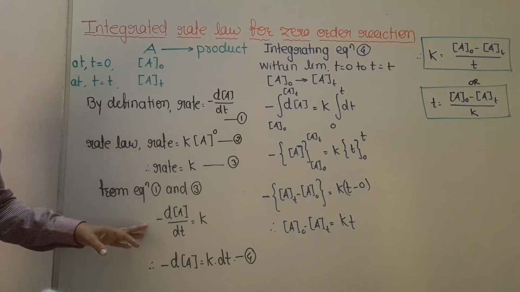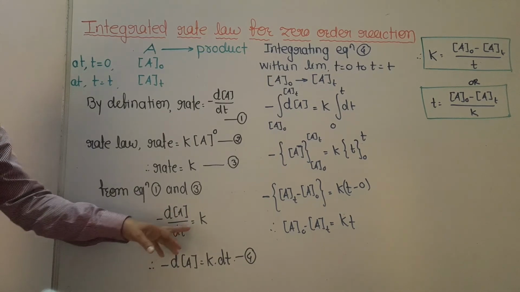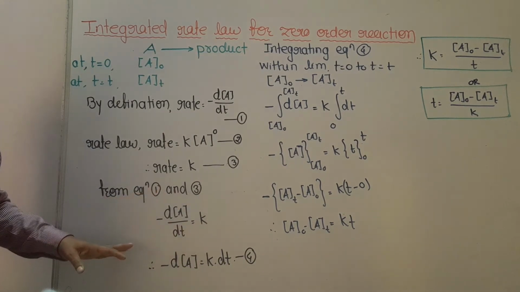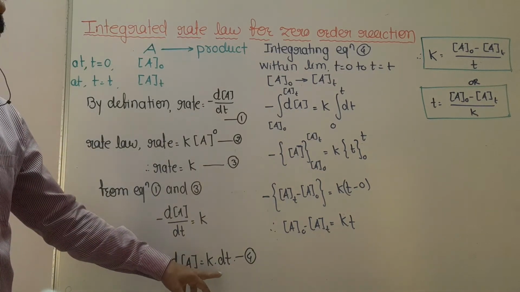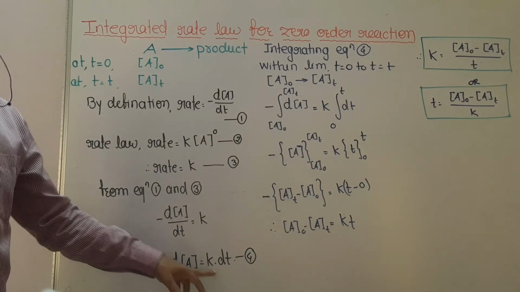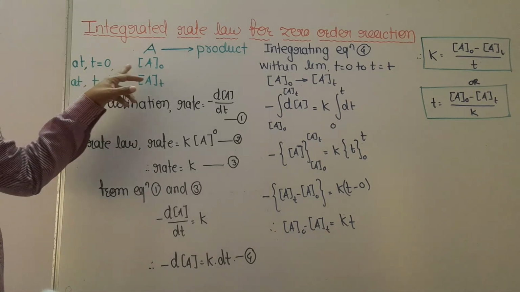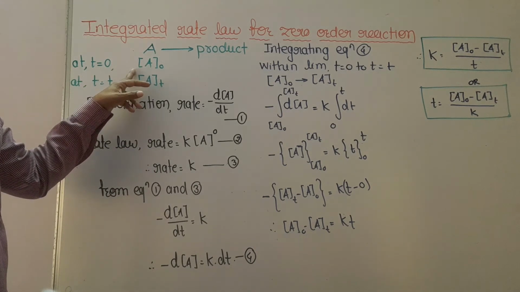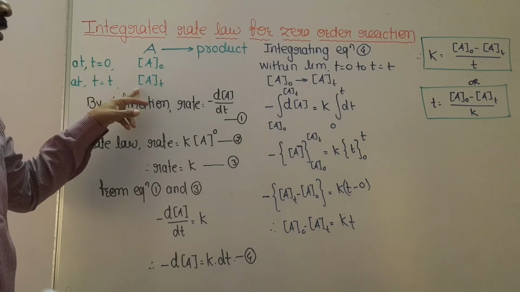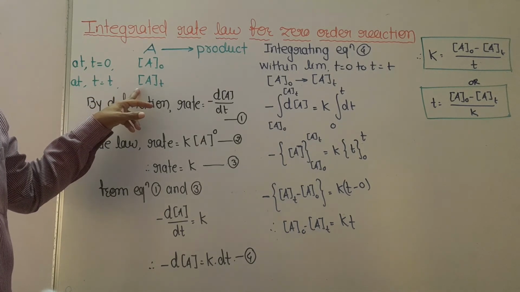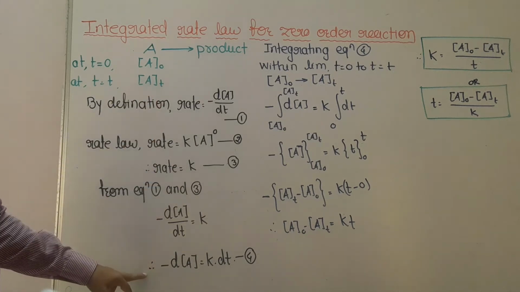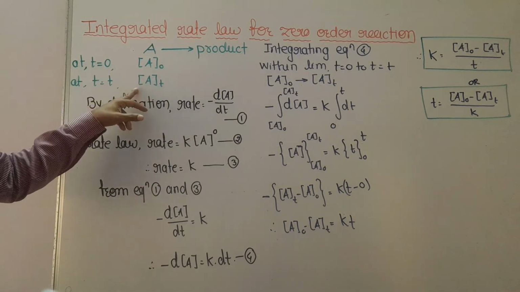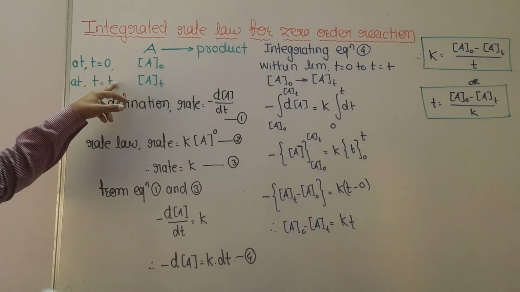Equating these two, we get minus dA by dt equals k. Rearranging this, we get minus dA equals k into dt. Let at time t equals 0, the initial concentration be A0, and at time t equals t, the final concentration of reactant be At. So integrate that equation within limits A0 to At and time t equals 0 to t.